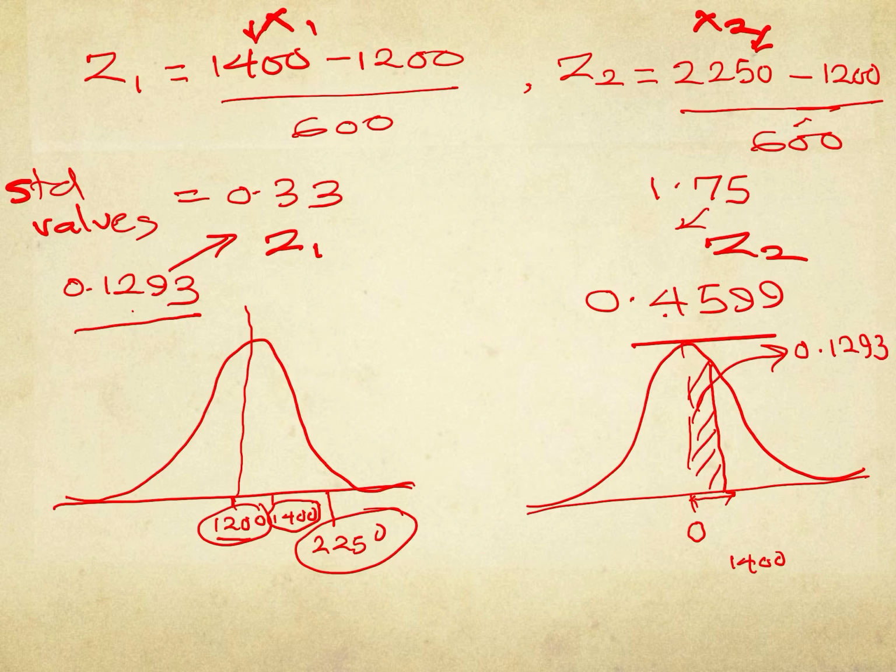And then for 2250, remember our reference point will always be the middle, 0, from where the mean should be. So for the second one, 0.4599. So it will mean that would be from here to somewhere there.